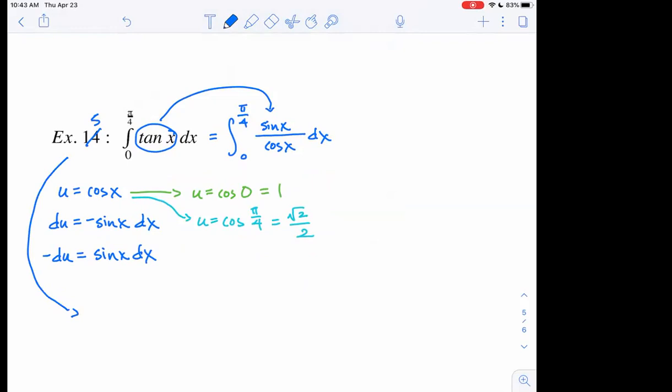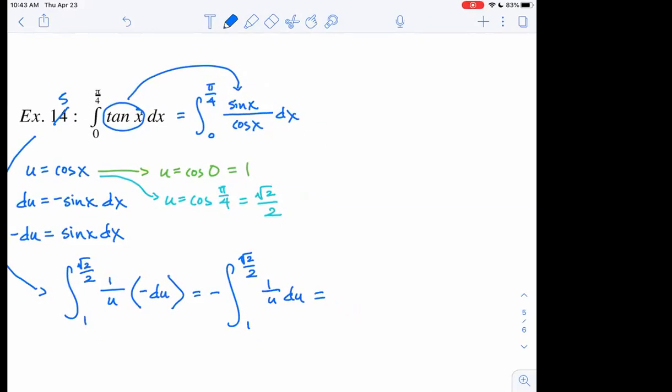Okay, so I've got the integral from the green number to the light blue number of 1 over u times negative du. And I'm going to move that negative to the outside. And I'm going to go ahead and switch my bounds.